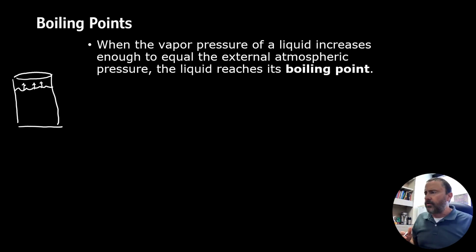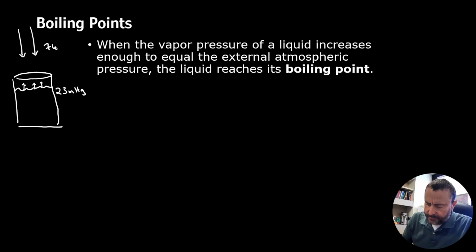All right, and around room temperature, it's something like about 23 millimeters of mercury. Okay, but if you're sitting there at sea level, you have atmospheric pressure pushing down on it of about 760 millimeters of mercury.